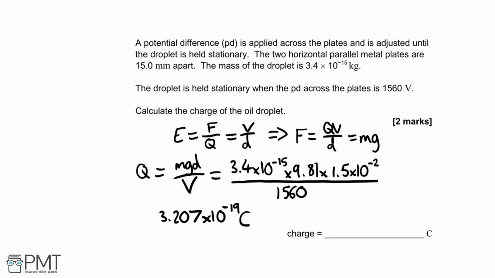Now we're going to round that to 3.2 times 10 to the minus 19 coulombs, because the values in the question are to two significant figures, so we need to keep the answer the same. Now for this 2-mark question, we get 1 mark for correctly equating the force from the electric field to the weight of the droplets, and the 2nd mark is going to be for correctly calculating the charge on the droplets.